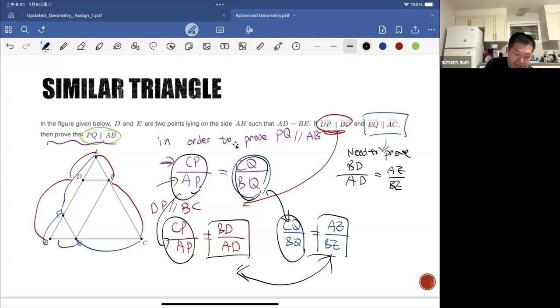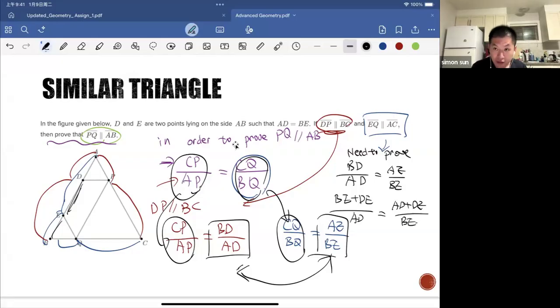What is BD? We can rewrite BD as BE plus DE, right? We separate BD into two parts, over AD. This one is equal to AE, which we separate as AD plus DE, over BE, right? Okay.